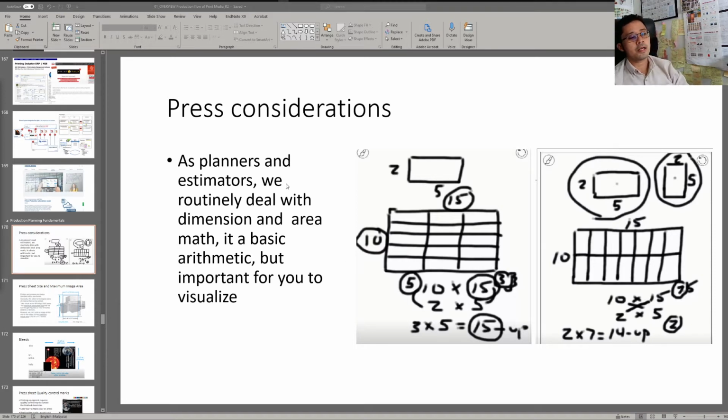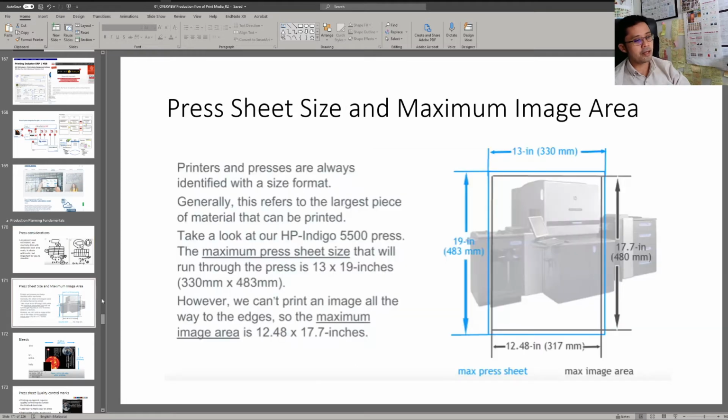I know that you have learned this during your, what course? Production course or estimating course. So I hope you have those basic understanding. Now, next, before we plan, we need to make sure that we understand this.